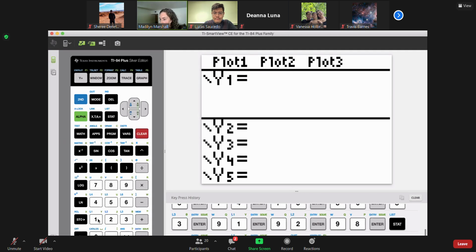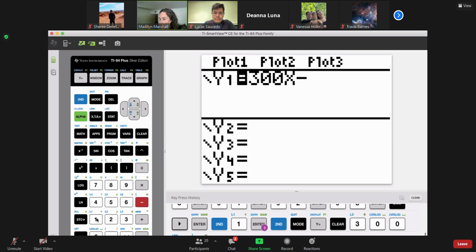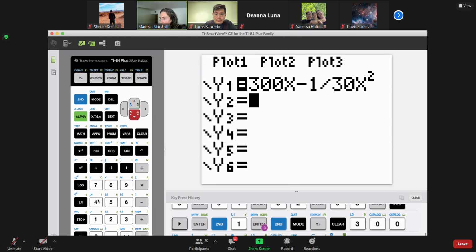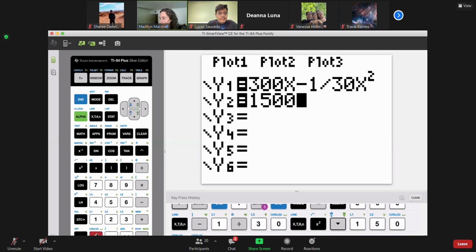We can put in our revenue function, which was 300x minus 1/30 x squared. And our cost function was 150,000 plus 30x.